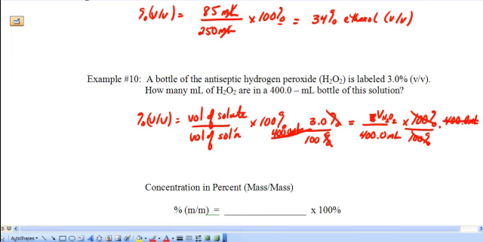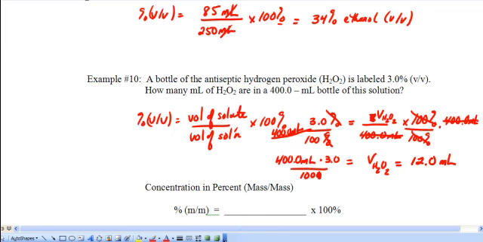Okay, these divide out. So what you're left with is the volume of your peroxide in the bottle is going to be 400 milliliters times 3.0 divided by 100. Don't worry about that last zero there. 400 divided by 100 is going to be 4. 4 times 3 is 12. So that's going to equal 12 milliliters of peroxide in the original solution.